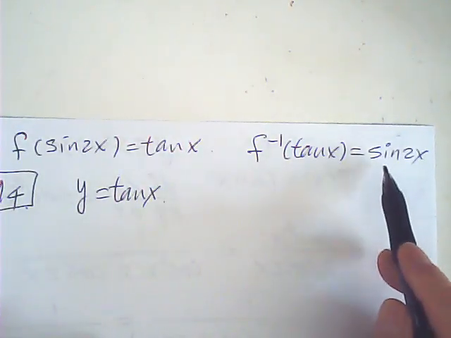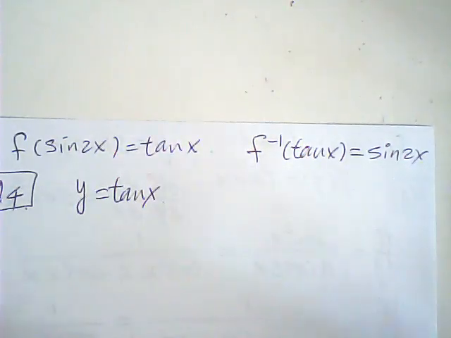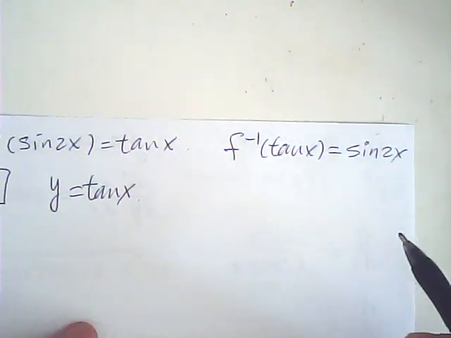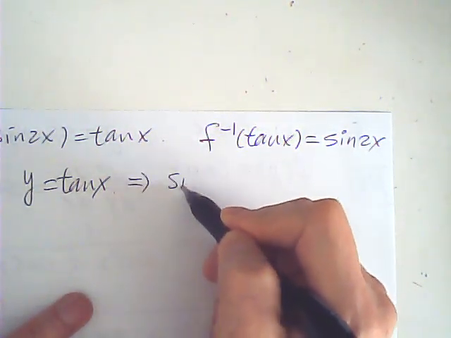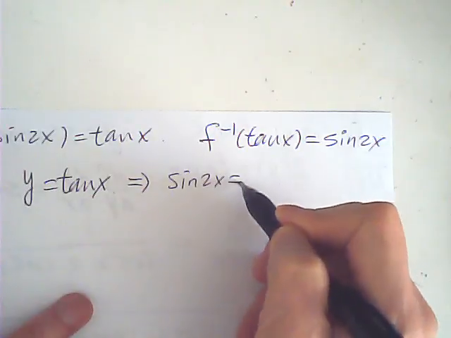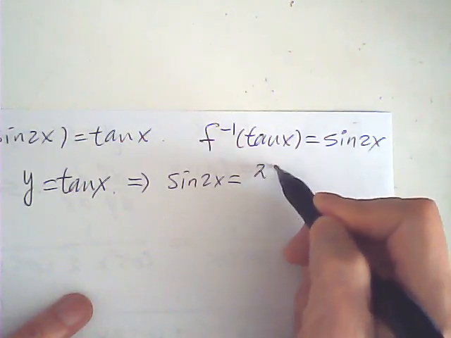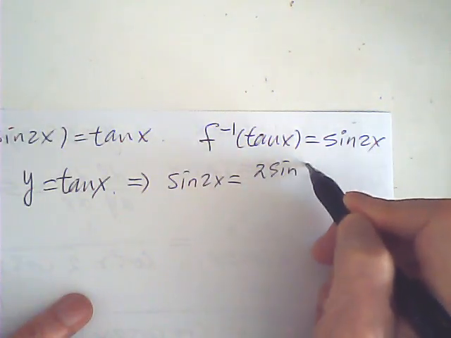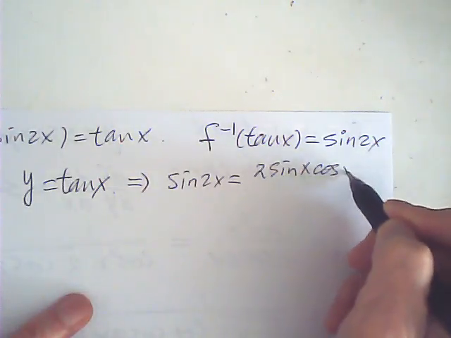Then I try to express sine 2x in terms of y. So sine 2x is equal to 2 sine x cosine x.